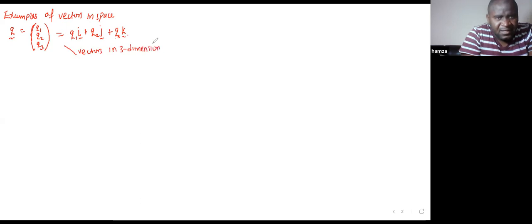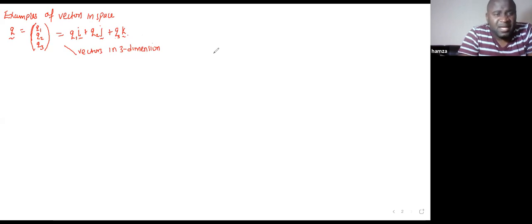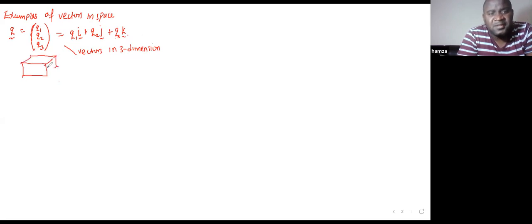You've heard of 3D in movies, ICT, buildings. Most of the diagrams we have been studying from primary are in 2 dimensions, x-axis and y-axis. But now if you include the direction this side, it goes to 3 dimensions. So your idea is taking it in terms of the x, y, and z coordinate system, and you are taking them in terms of the directions of vectors i, j, and k.